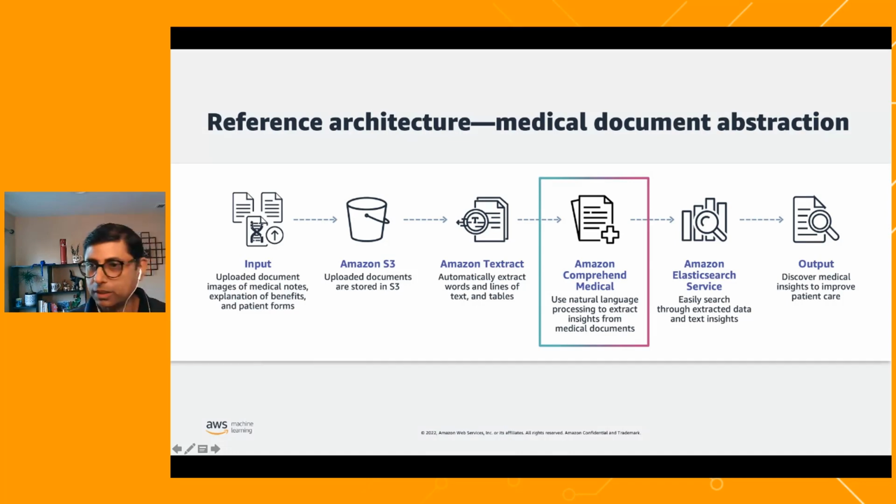What it does is basically take the input, which is free-form text stored in S3, and then use Textract to parse out the relevant text from tables, OCRs, and PDFs, and then pass it on to Comprehend Medical, which extracts the entities and entity relationships and enriches with clinical codes, and then finally stores the output in S3, which is again fed into Elasticsearch and becomes a searchable database of all the information that was trapped in unstructured data.